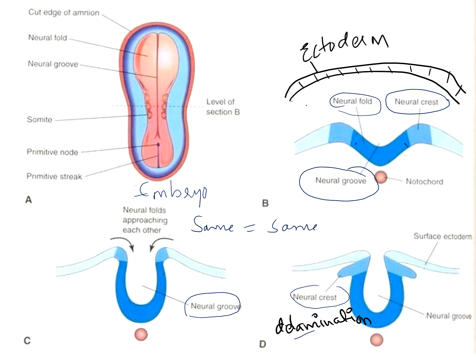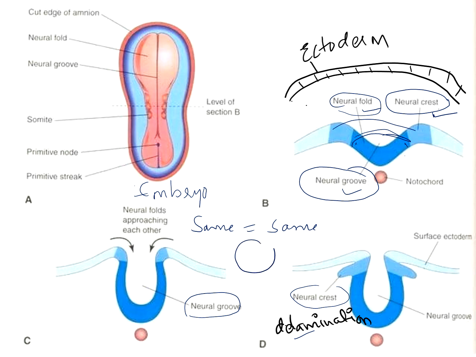So after differentiation, what happens? The neural crest cells are differentiated as one type of cells. The neural fold cells, one type of cells, and the neural groove cells, one type of cells. So whatever the neural groove cells are there, they will fuse like this. Neural fold cells fuse like this, and the neural crest cells like this. It will lead to the formation of an entire round-like structure.